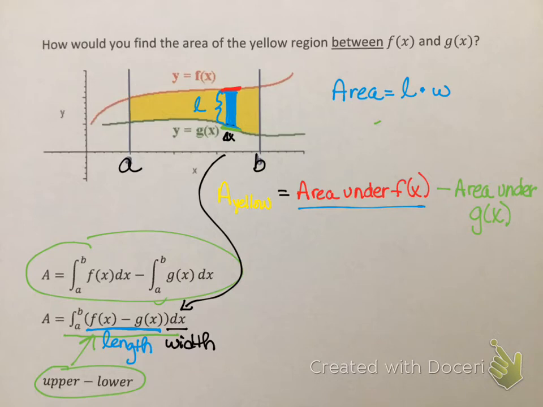The top of the rectangle minus the bottom of the rectangle. The bottom of the rectangle is on the curve g of x. The top of the rectangle is on the curve f of x. That's the length of one rectangle.